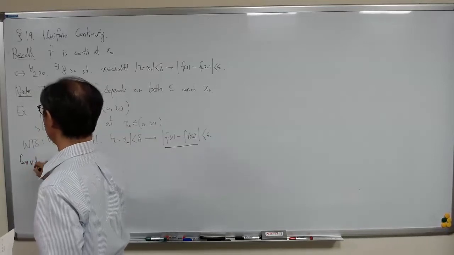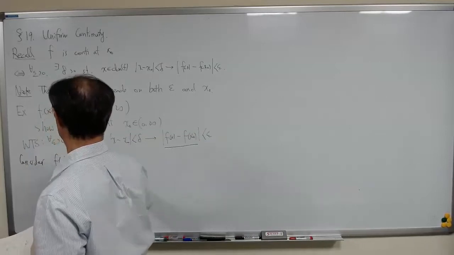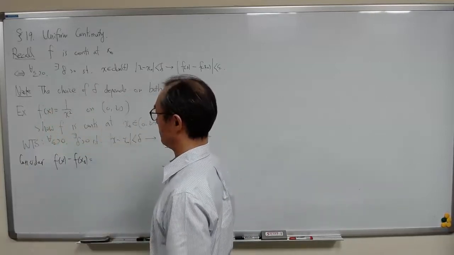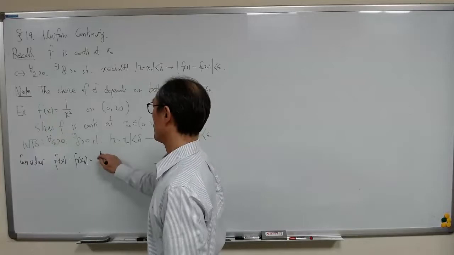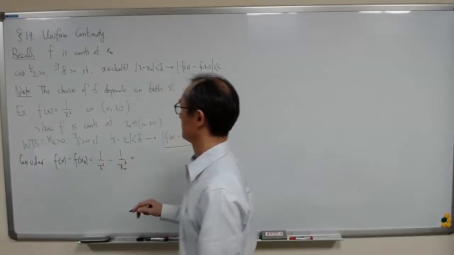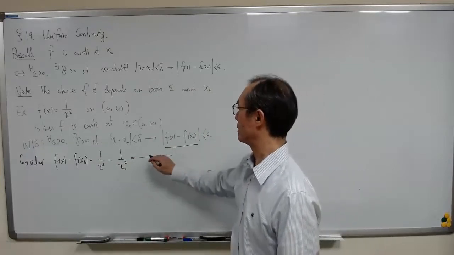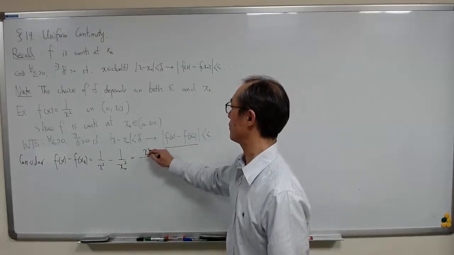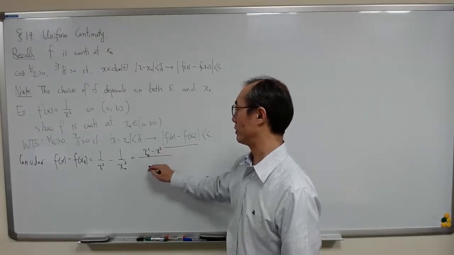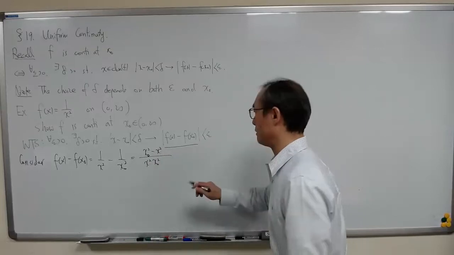Now let's consider the difference f of x minus f of x naught, which is 1 over x squared minus 1 over x naught squared. To put the denominators together, we get x naught squared minus x squared divided by x squared times x naught squared.